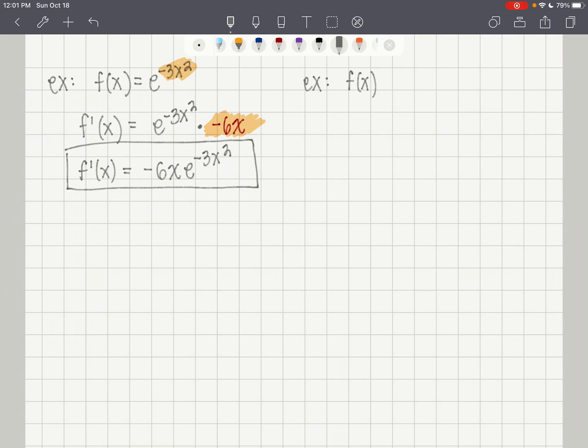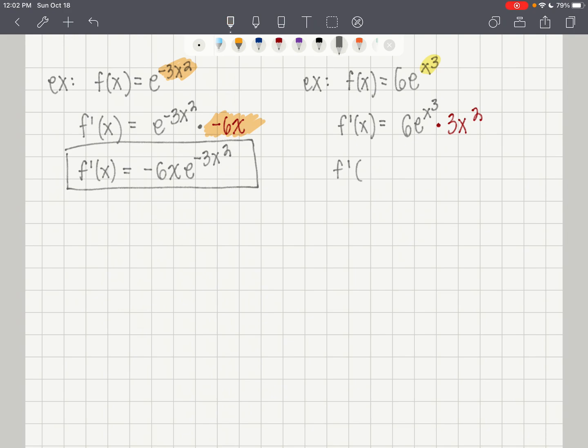Okay, here's another. F of x equals 6e to the x cubed. So we're going to have f prime of x is going to equal the same function, 6e to the x cubed, and then we're going to need to find the derivative of the exponent, and the derivative of the exponent is 3x squared.